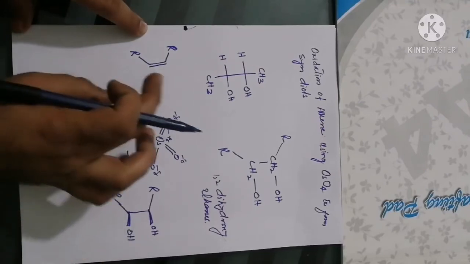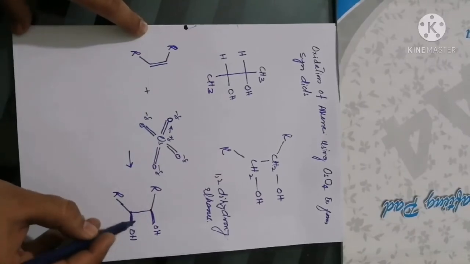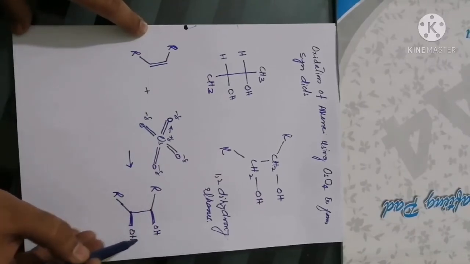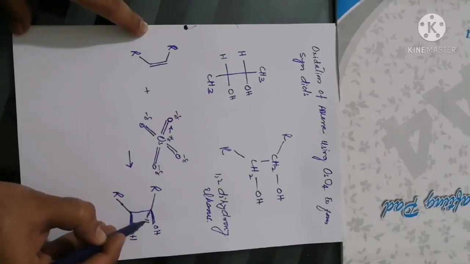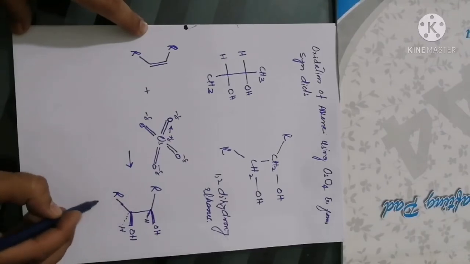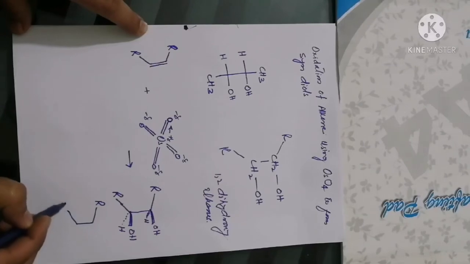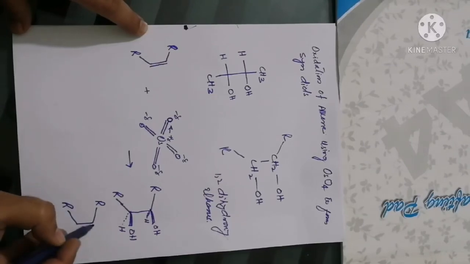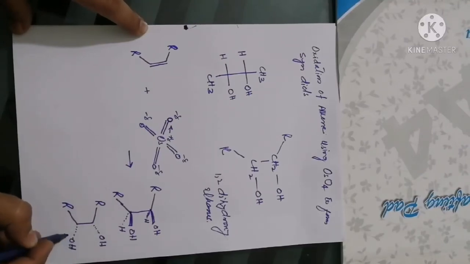Since the olefinic double bond has two faces, we can draw the diol like this, where two hydroxyl groups are on the front side, or you may draw it like this, when two hydroxyls are on the rear side.